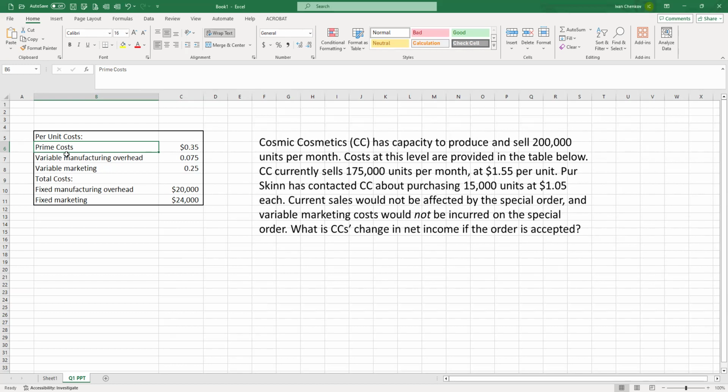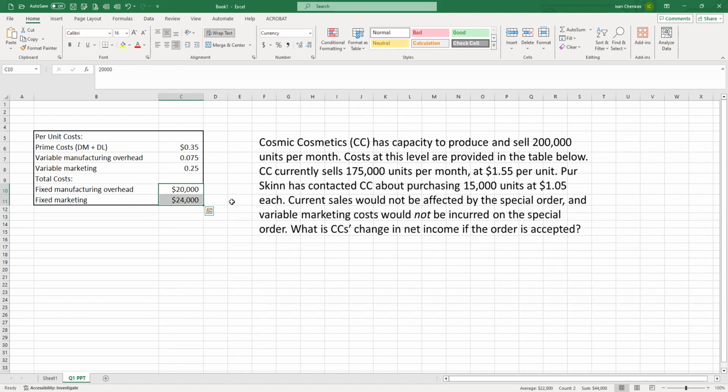Direct material and direct labor. Perfect. So prime cost, you can put it for yourself, direct material plus direct labor. That's our prime cost. Then we have the variable manufacturing cost 0.75, and then we have variable marketing cost of 0.25 cents. Now the fixed costs are fixed cost, right?